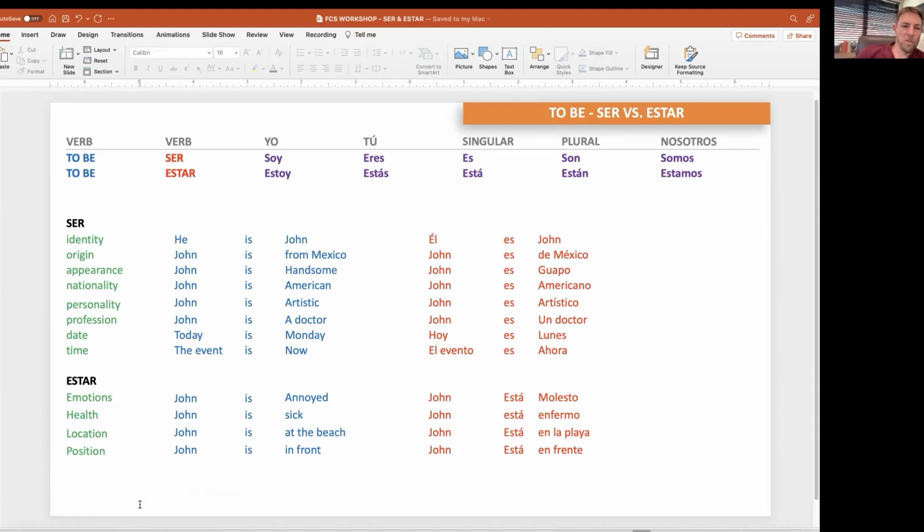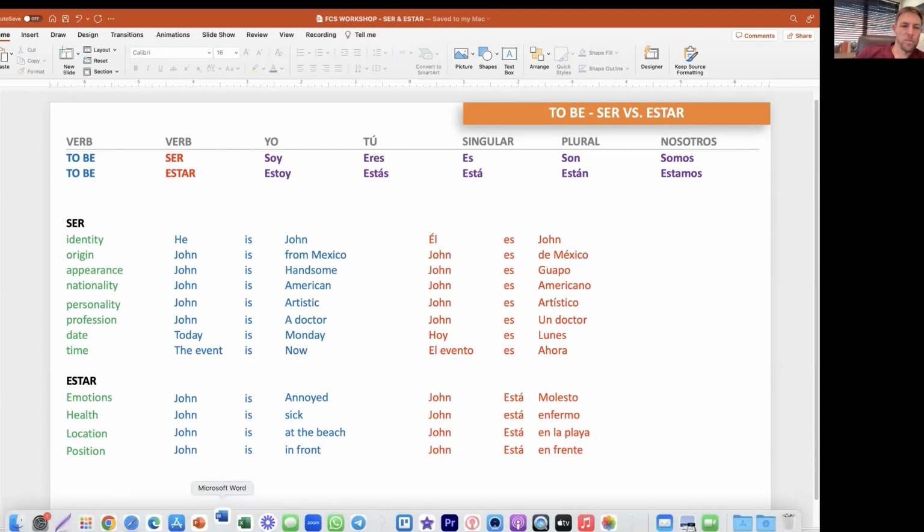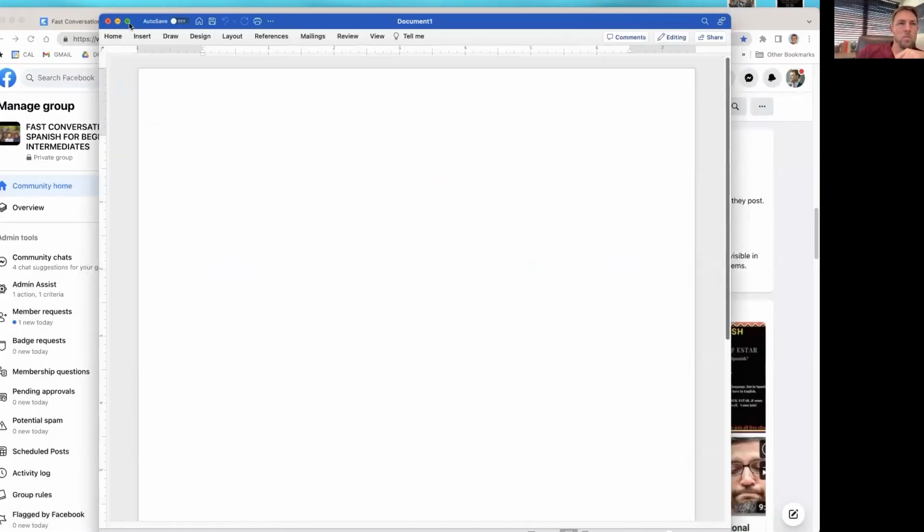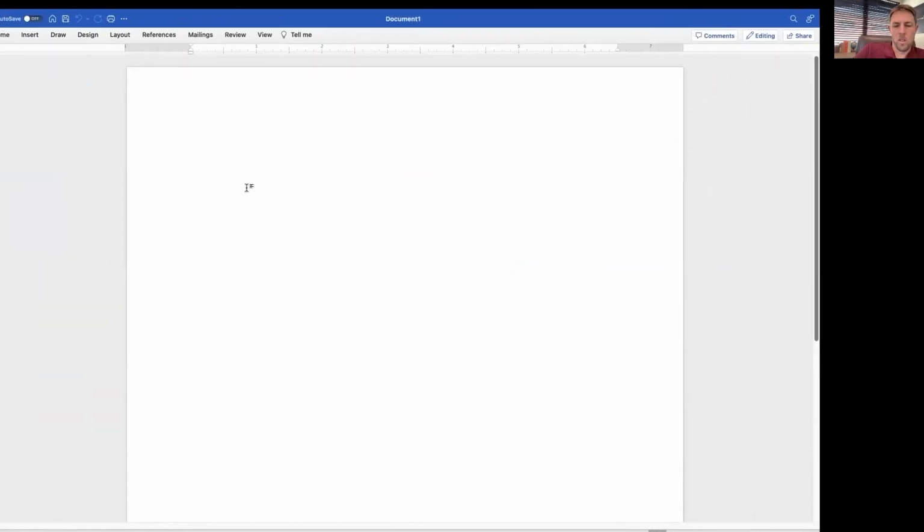Let me give an example. In English, to eat: if you want to make a sentence, you have 3 steps. You delete the to, you add a subject, and then you add an ending. That's it.